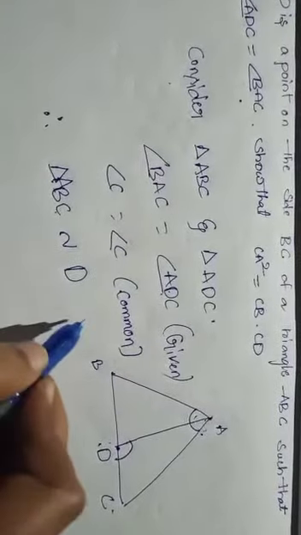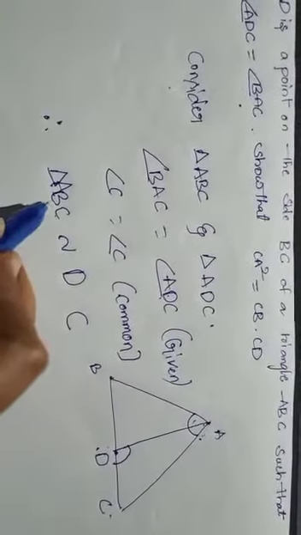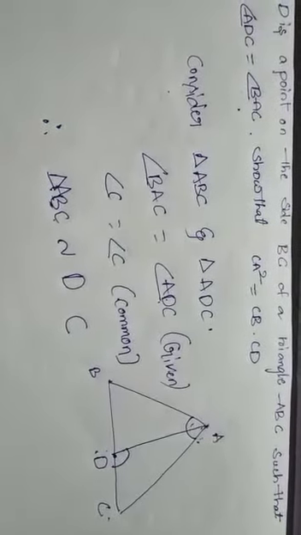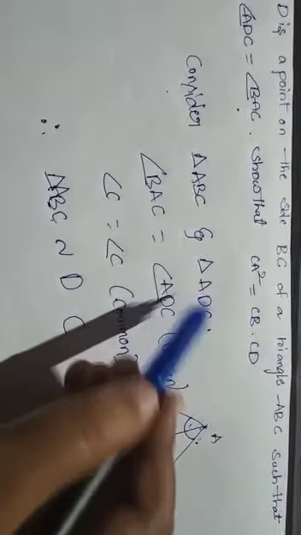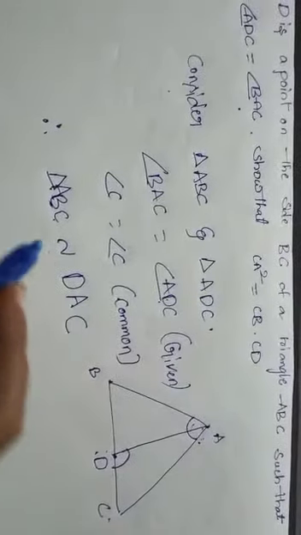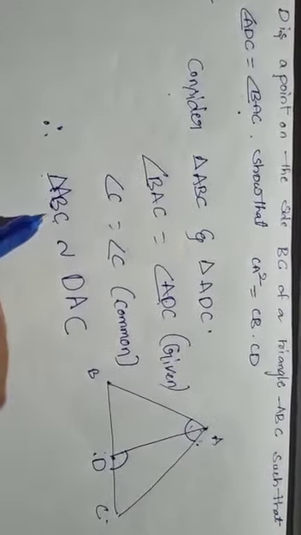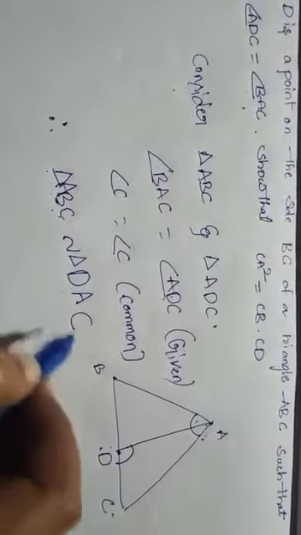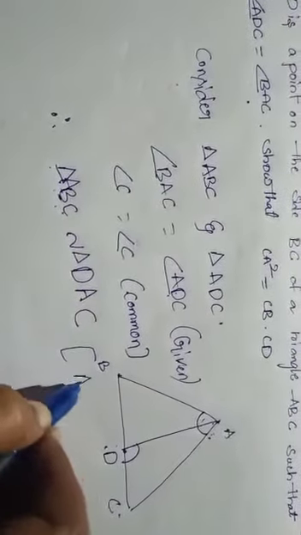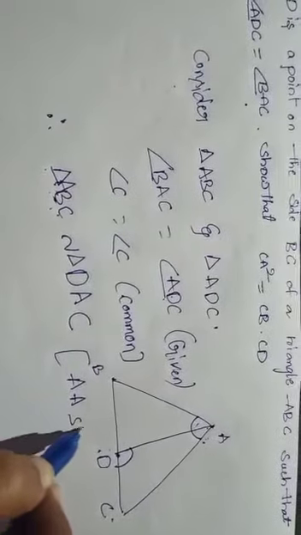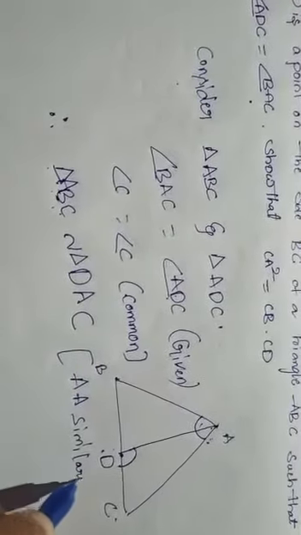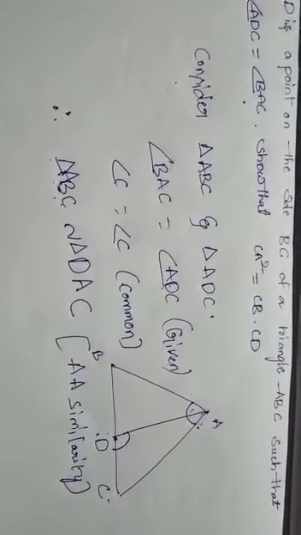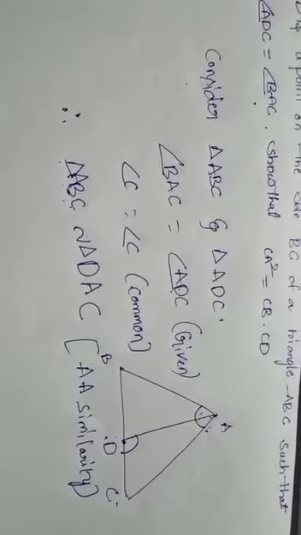Therefore, triangle ABC is similar to triangle DAC. Angle A equals angle D, angle C equals angle C, angle B equals the remaining angle. Using the angle similarity criterion, corresponding angles are equal. So, these two figures are similar.